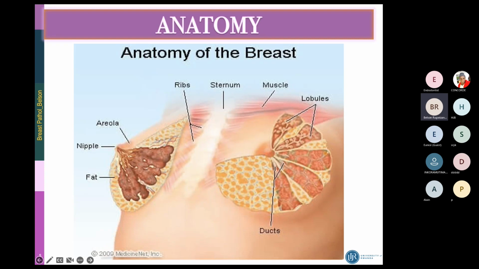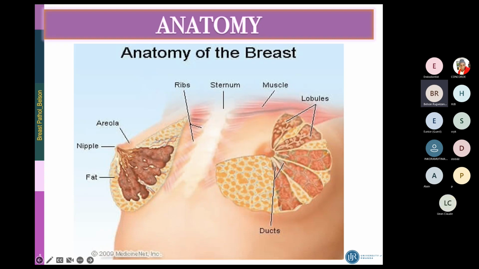The nipple is the part the baby uses to suck the milk. Around it, we have an area which is usually brownish, and this is the areola.